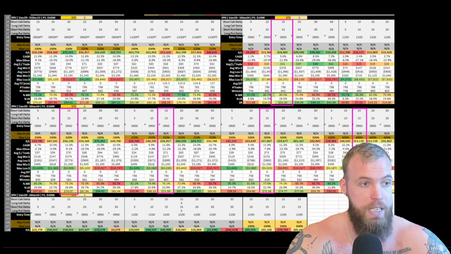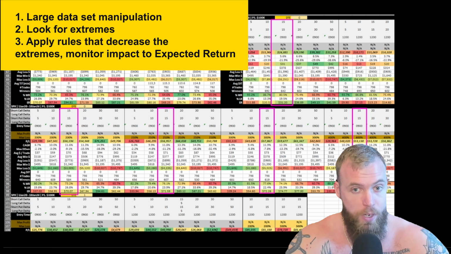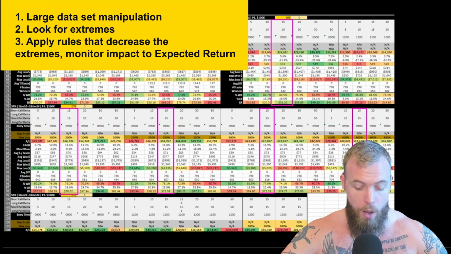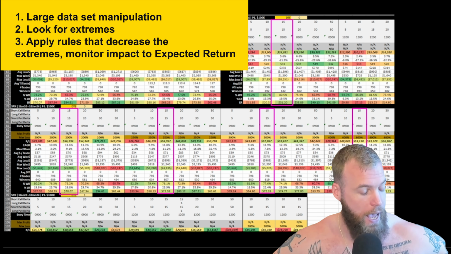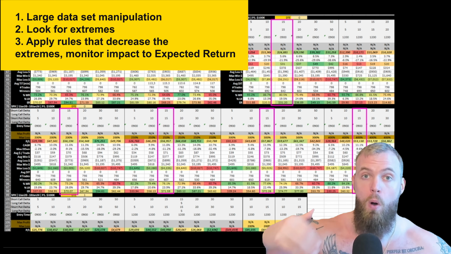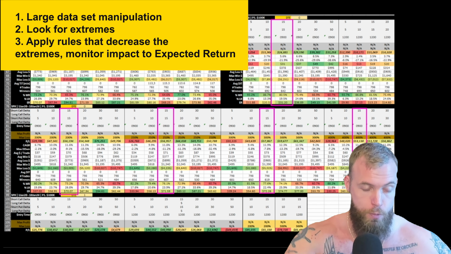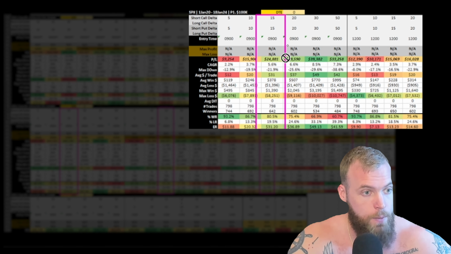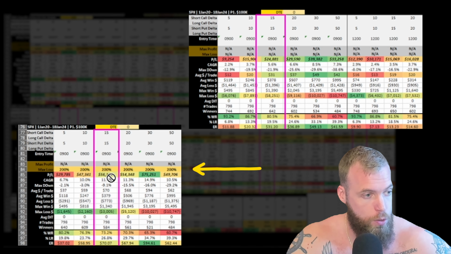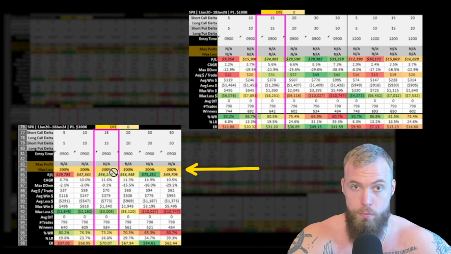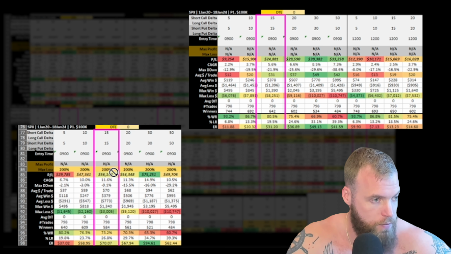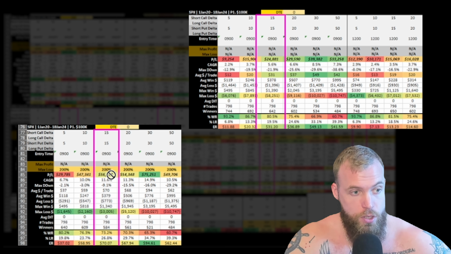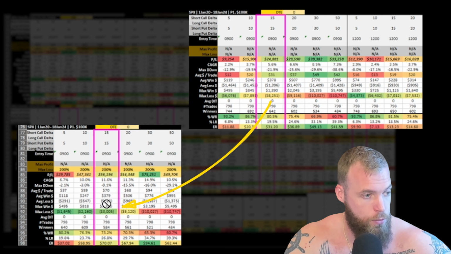What I'm doing in the beginning is I'm looking for extremes, and then I'm trying to apply different rules that help me control the extremes while monitoring the impact to expected return. So here's what that means. If I take a look at this strategy and I apply a 200% max loss, meaning 200% of the credit received, that takes my max loss from 82.50 down to $3,000.